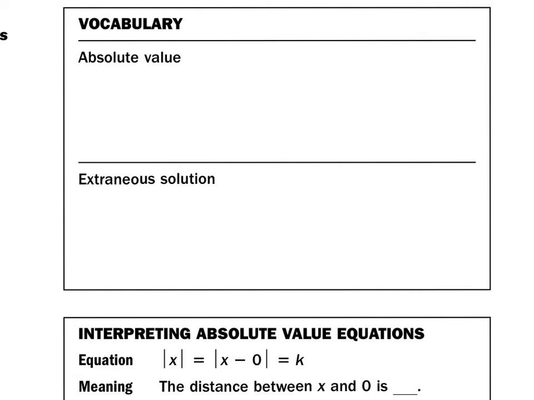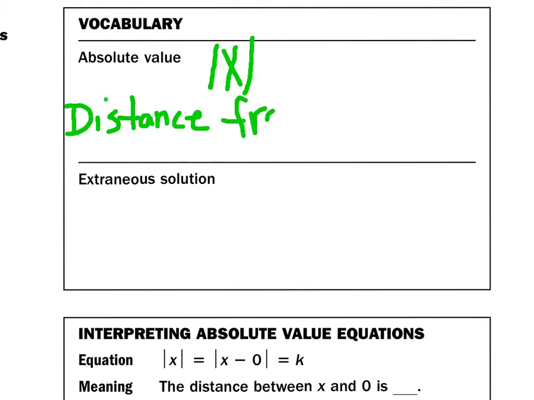1.7. Solve absolute value equations and inequalities. An absolute value is a number x that's represented with two bars, and it is the distance from 0 on a number line.